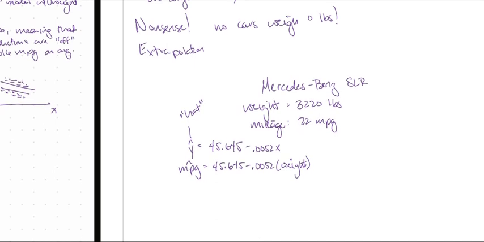We're saying that the true weight for the Mercedes-Benz is 3,220 pounds. So I'm going to plug that into my model for the explanatory variable. So that'll be 45.645 minus 0.0052 times 3,220. When I solve for this, my predicted mileage for this particular car is 28.83 miles per gallon.